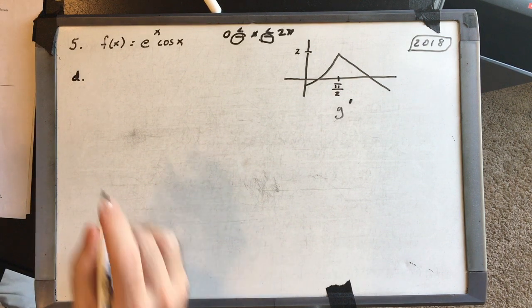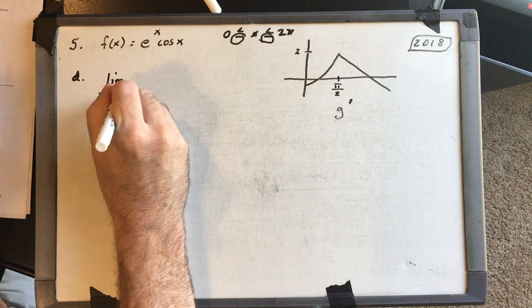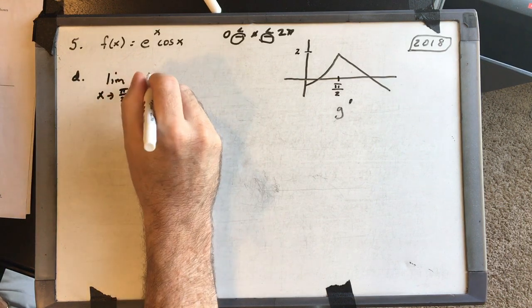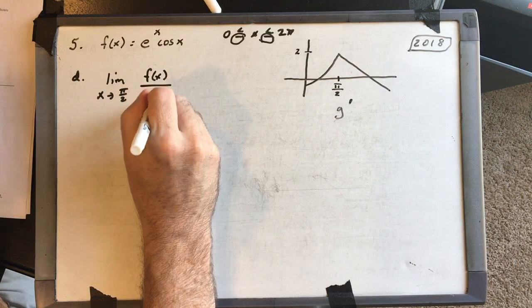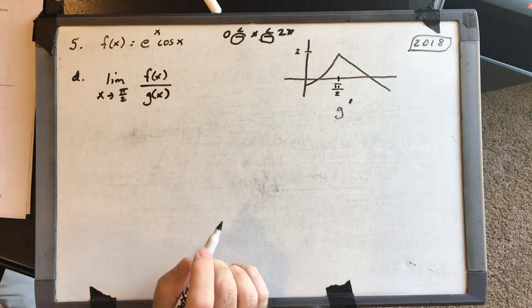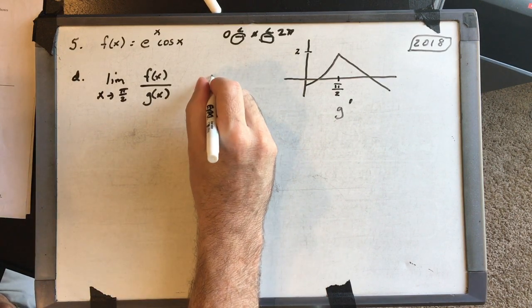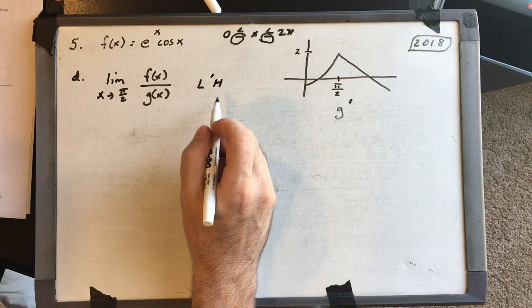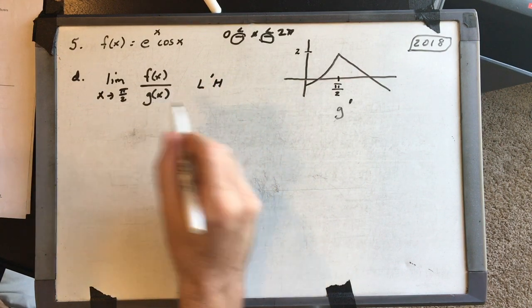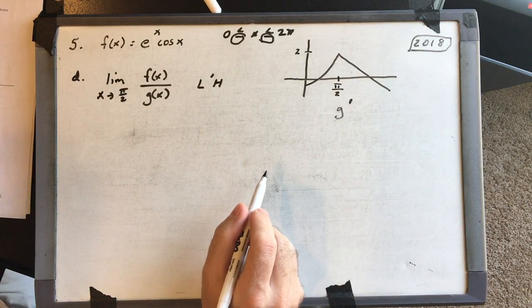Find the value of the limit as x approaches pi over 2 of f of x over g of x. This is a case where you want to use L'Hopital's rule, because you're going to end up using g prime, which we can get from the graph over here.